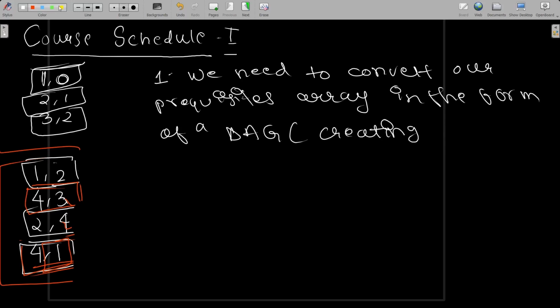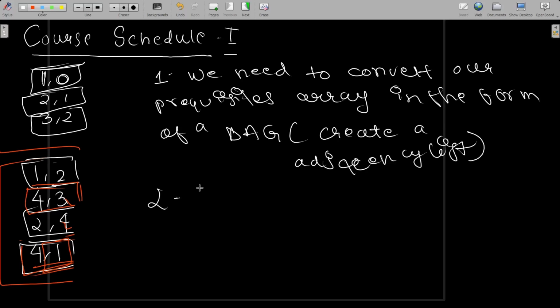Create an adjacency list. That's it. You can just create an adjacency list to portray it as a DAG.